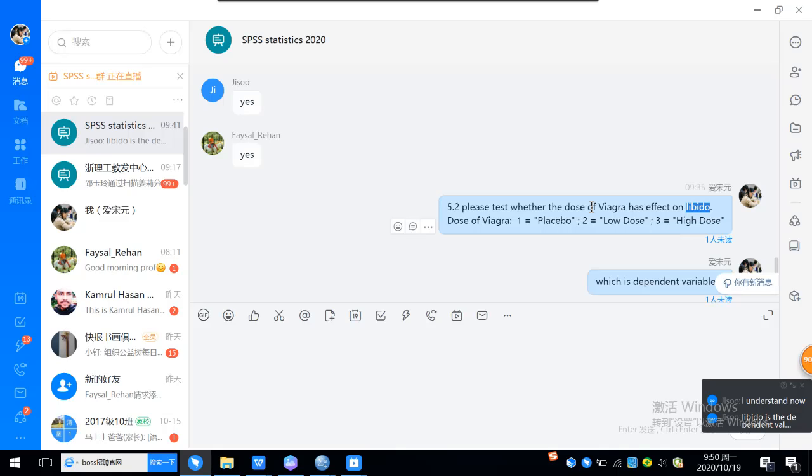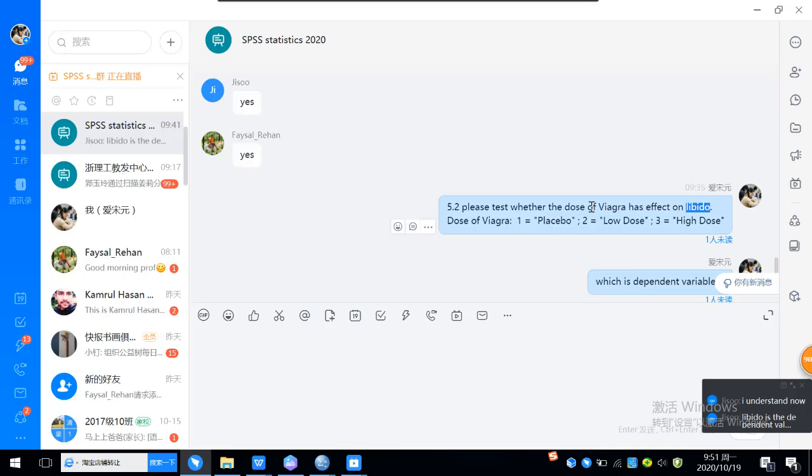And yes, we think that the different dose of Viagra has effect on libido, but we are not sure. So we conduct research on this issue. We use an experiment to test. We use the placebo, the low dose, and the high dose, 3 groups of people.